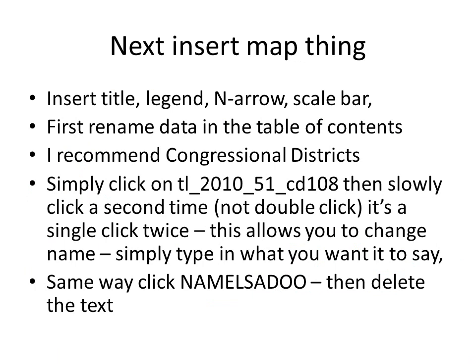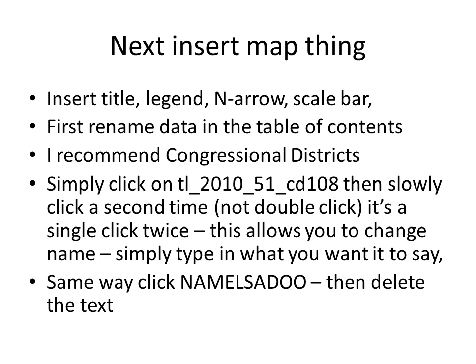Okay, next we want to insert those map things, like the title, legends, etc. The first thing you want to do is rename the data in the table of contents. I recommend something like Congressional Districts. Simply click on the data in the table of contents, then slowly click a second time. Now don't double click. Click on it so it's highlighted, pause a second or two, and then click a second time.